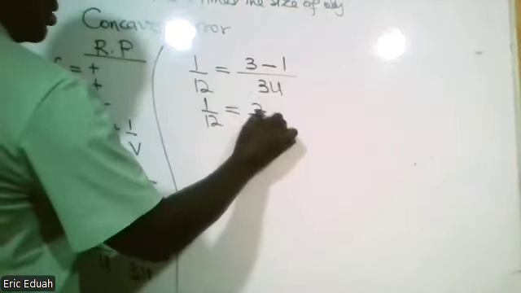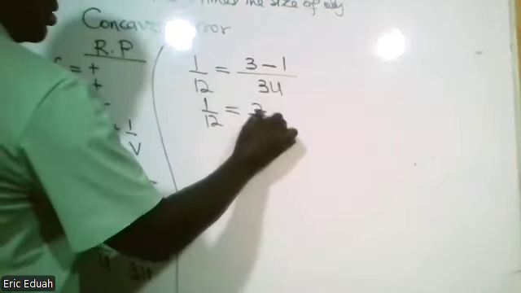So if R is negative 24, F will be negative 12.